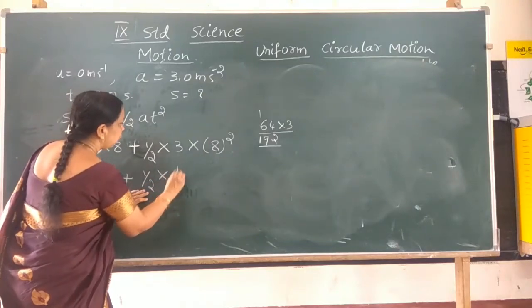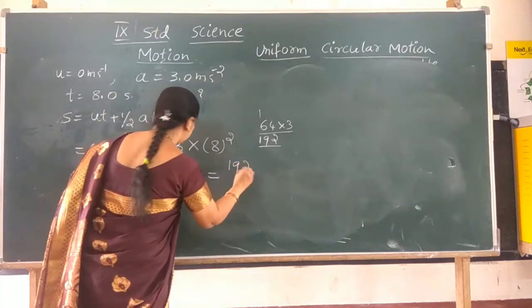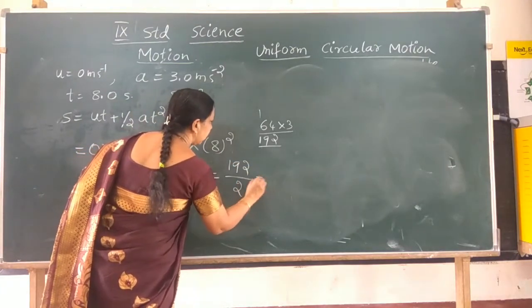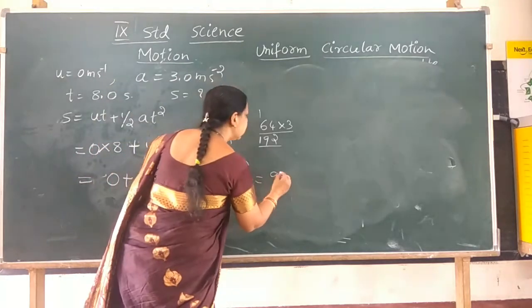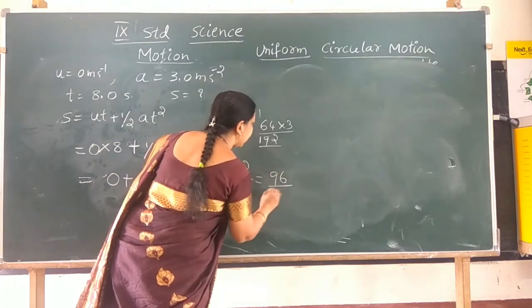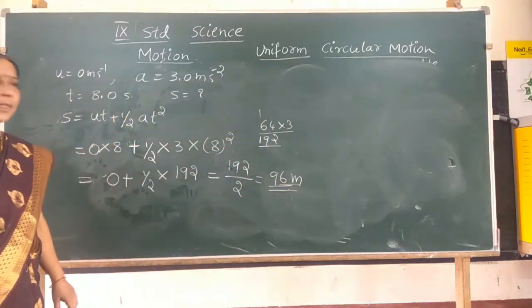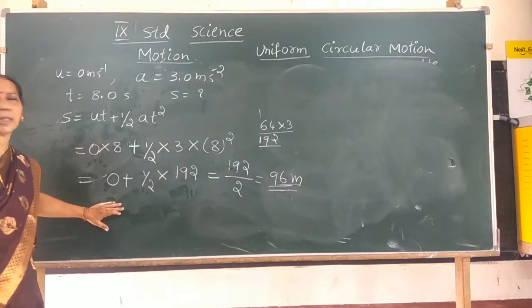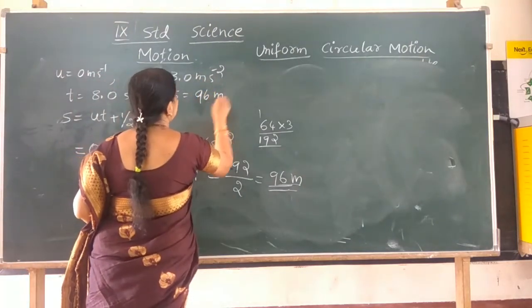Half into 192, that is equal to 192 by 2. 2 9s are 18, 1 remains, 12. 2 6s are 12. So what is the displacement? Distance covered is 96 meter. So S is equal to 96 meter.